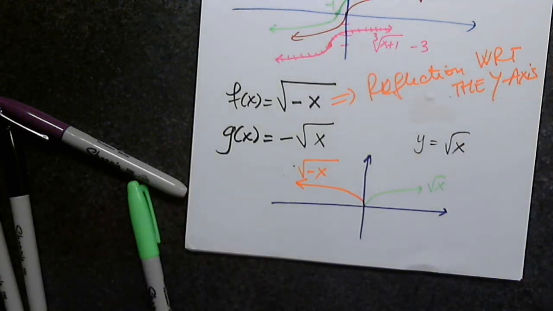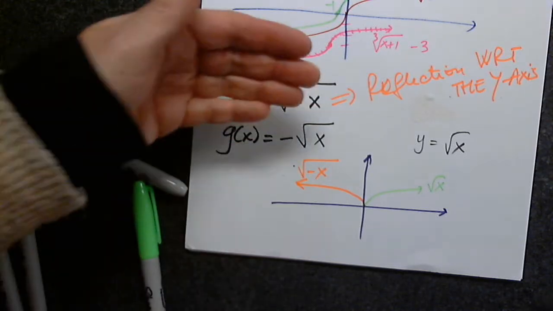That's all it does. By changing 2 into negative 2, I'm reflecting the graph with respect to the y-axis. By changing negative 5 into the opposite of negative 5, which means 5, I'm reflecting the graph with respect to the y-axis. That was done.